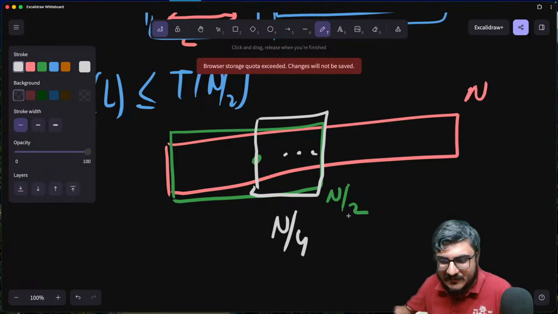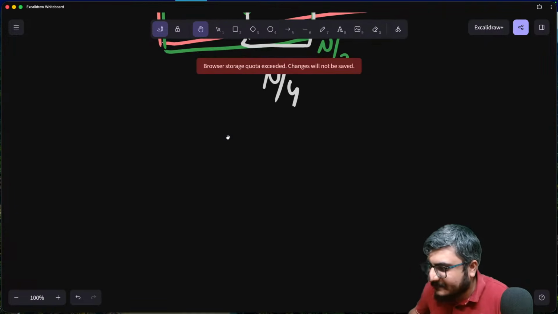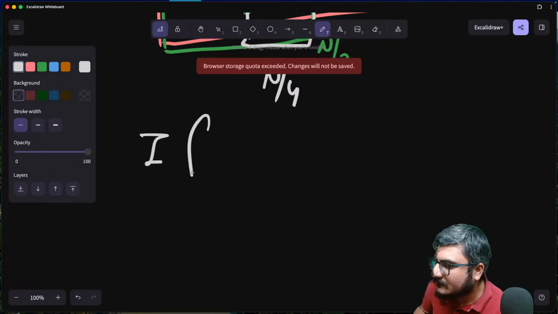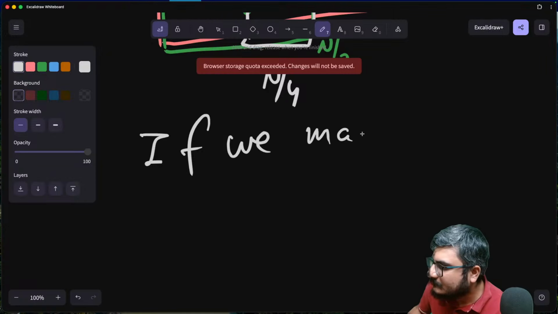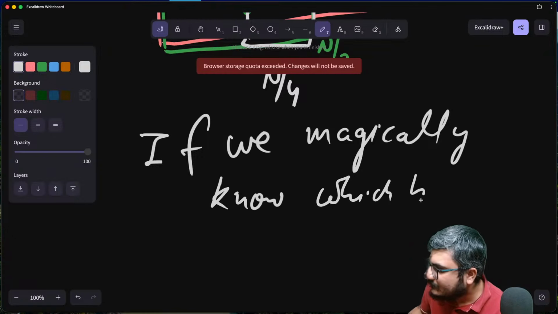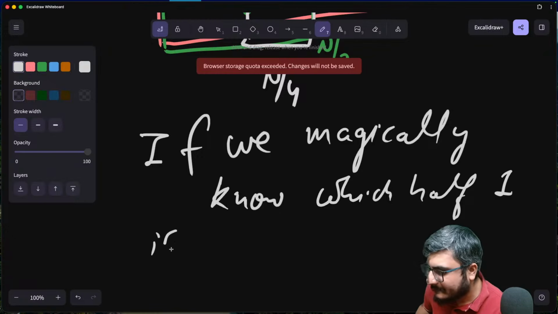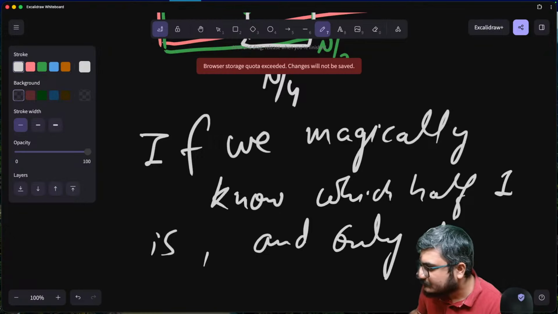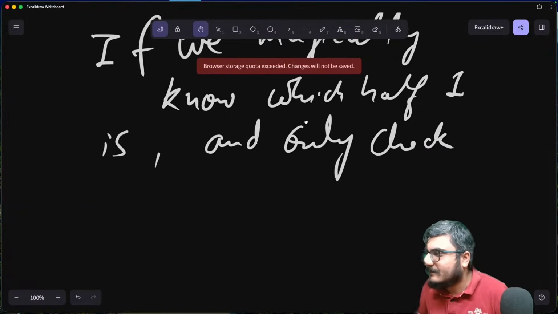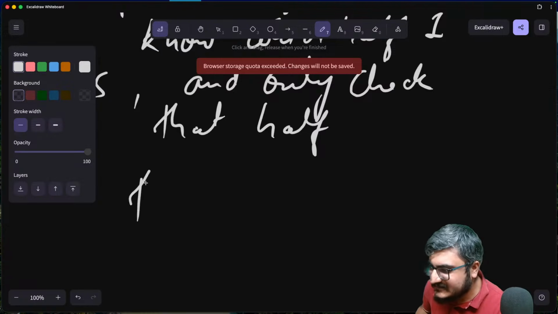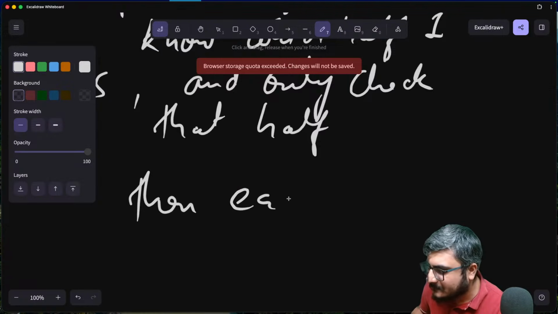So how many times will we visit each element? Magically, you know which half one is, and only check that half. Then each element will be checked only log n times.